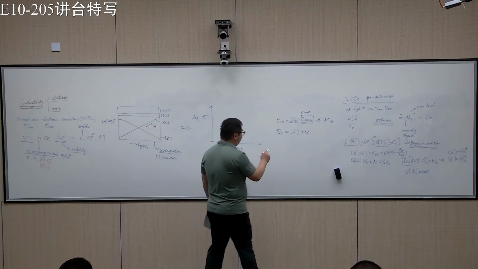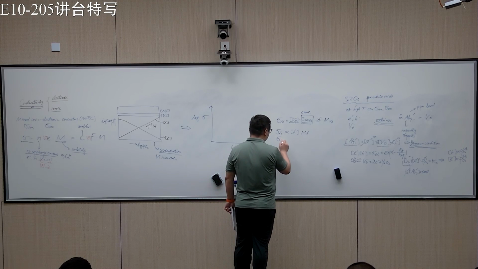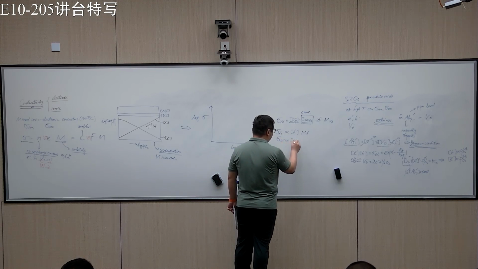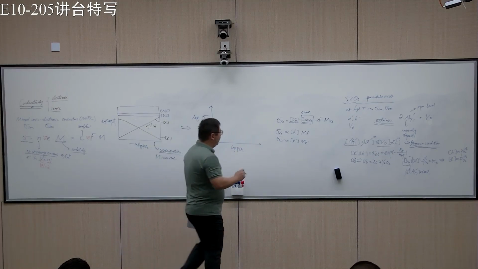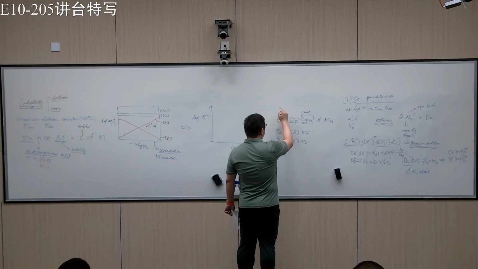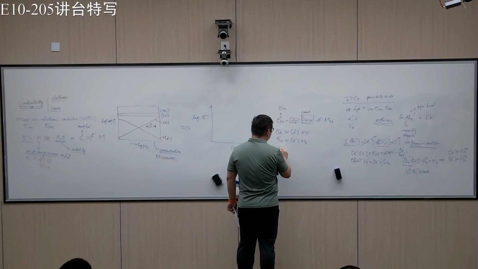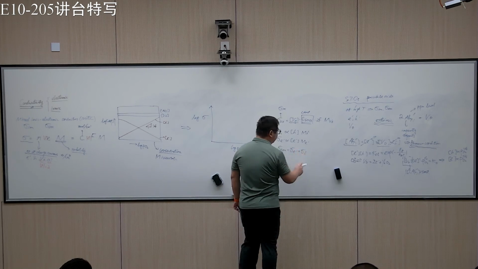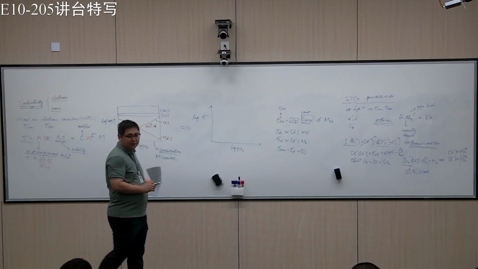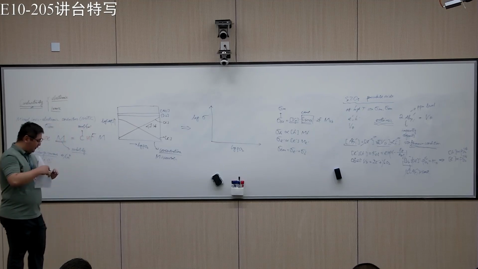Right, sigma electrons proportional to the number of electrons with the mobility. Of course, this is basically the ionic conductivity. The electronic conductivity is basically this plus this one here. Okay, understood.